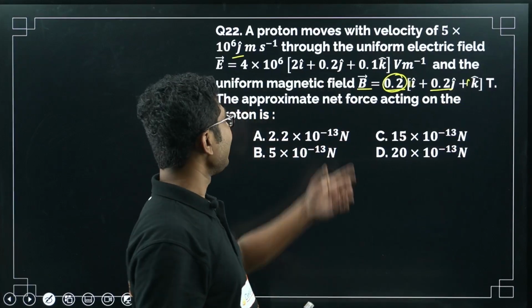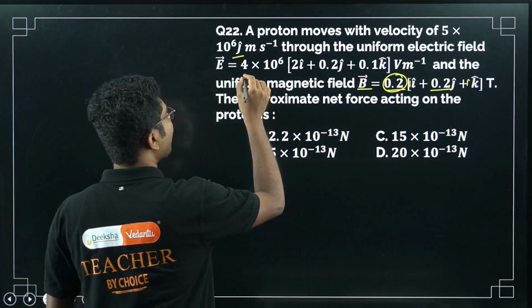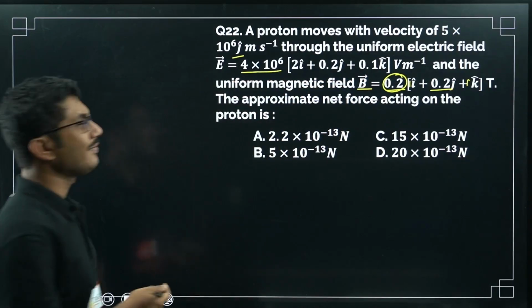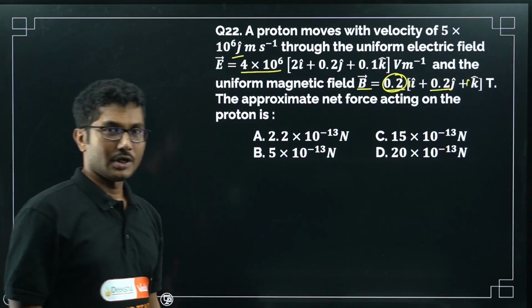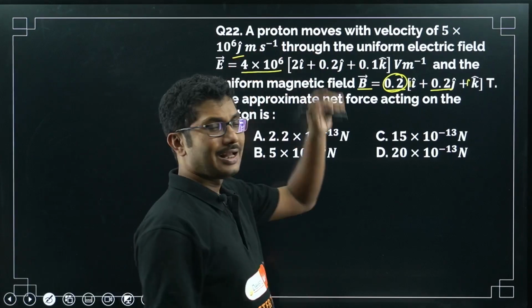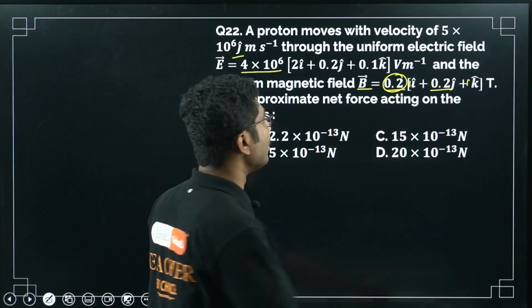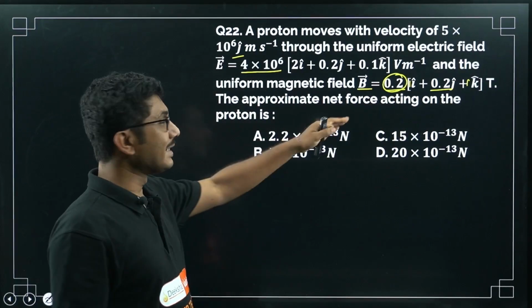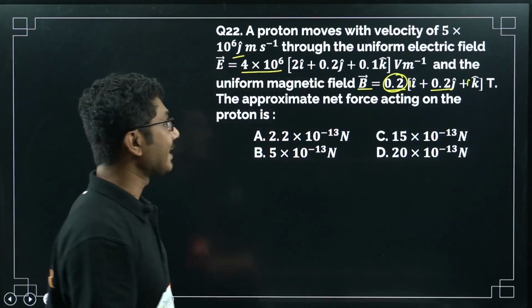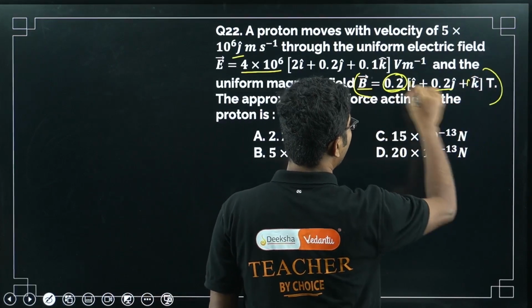Now the magnetic field B, if you see, is very small compared to the electric field, because the electric field starts with 4 times 10 to the power of 6. So the electric field is very strong compared to the magnetic field. Because we are only interested in the approximate value, not the exact value, first of all we will not consider this at all.